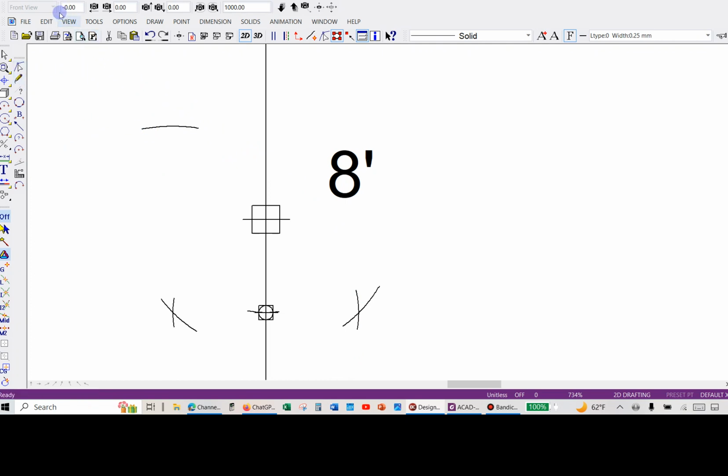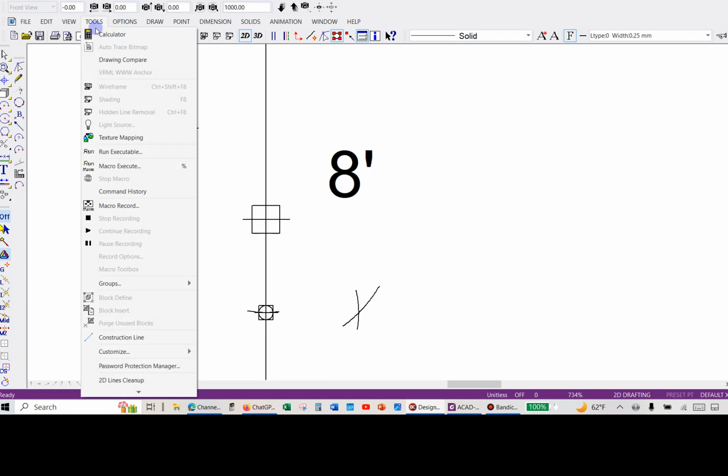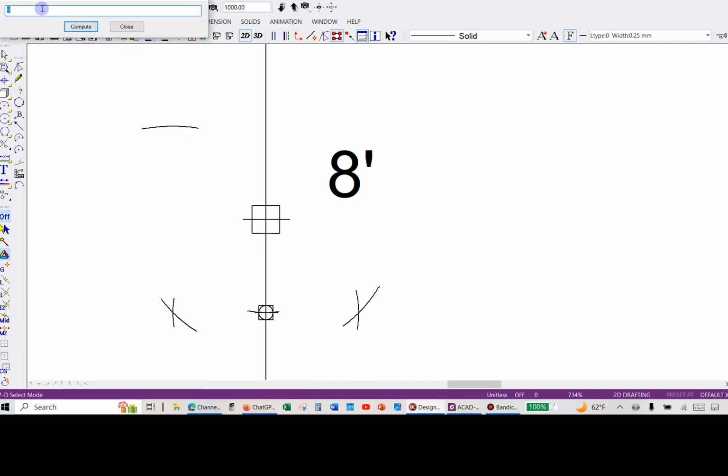Tools, calculator. 1.4142 times 8. Control C. And then you can swing that arc from here.